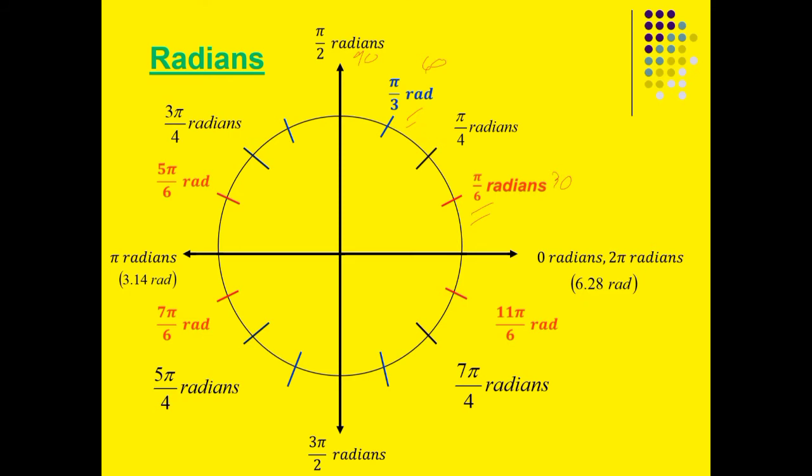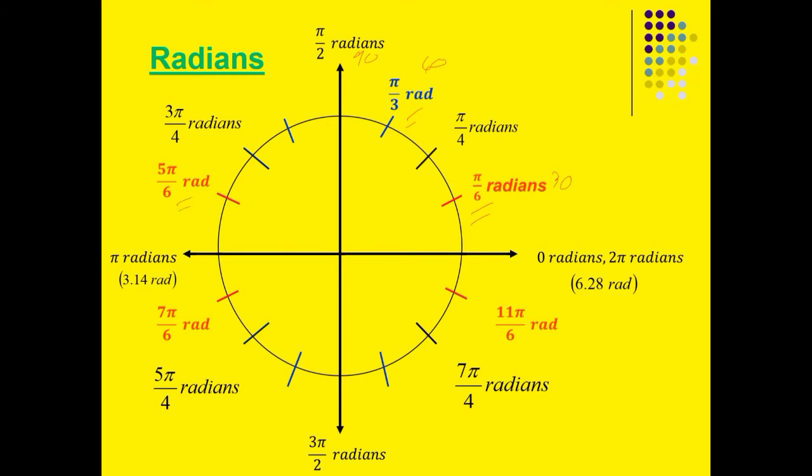Another thing is it is divided into 3 parts, unlike the denominator of 4. So we have here 5 pi over 6 radian.